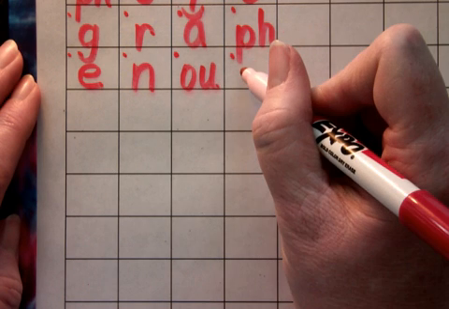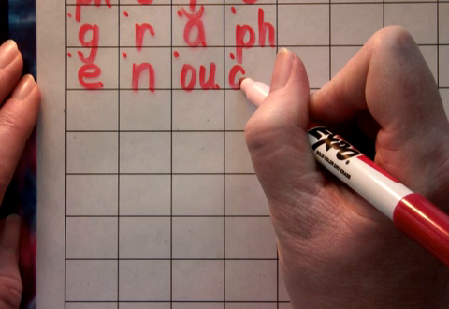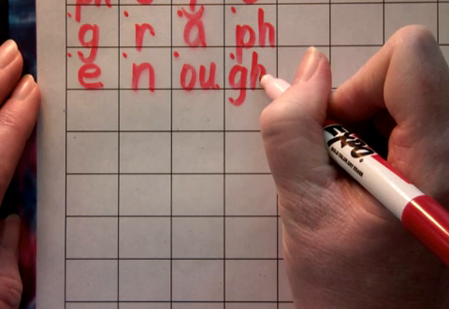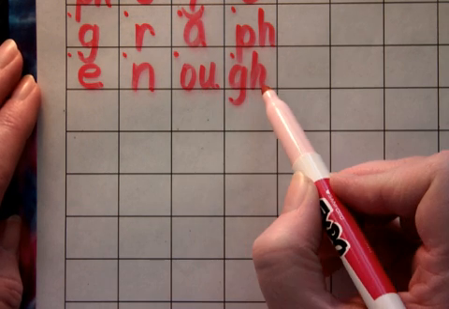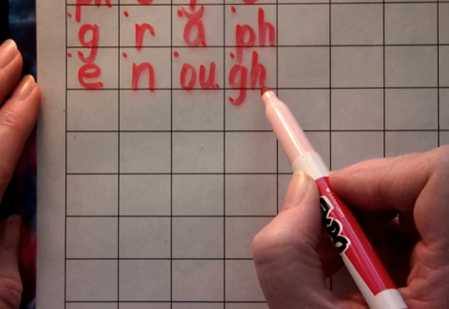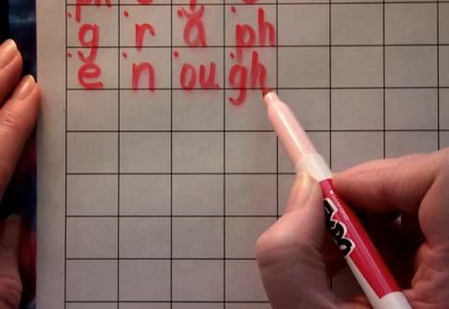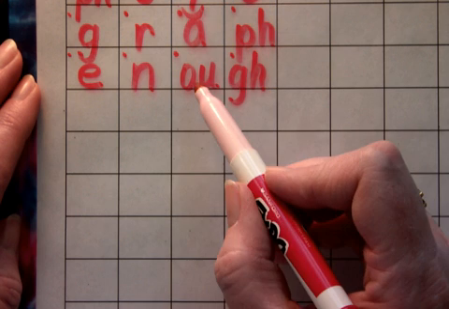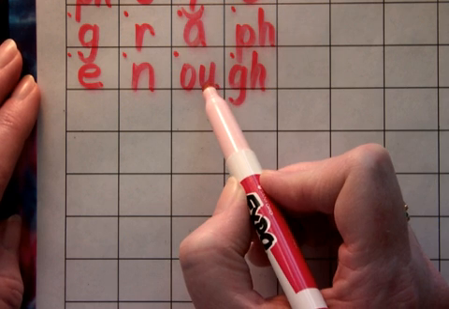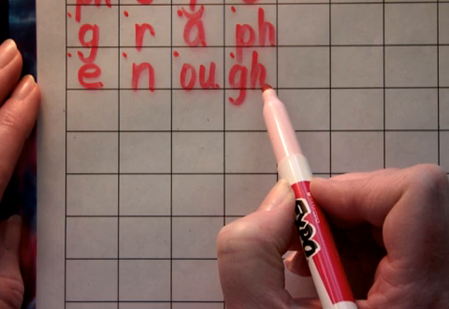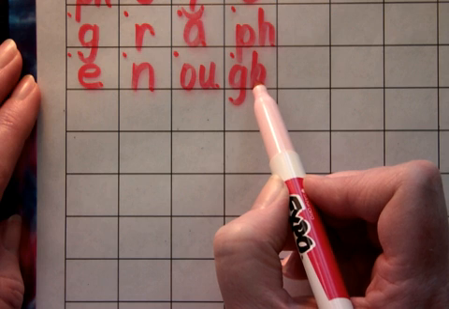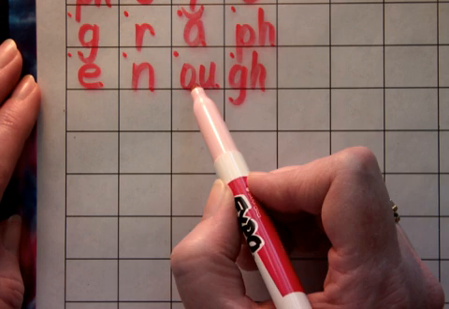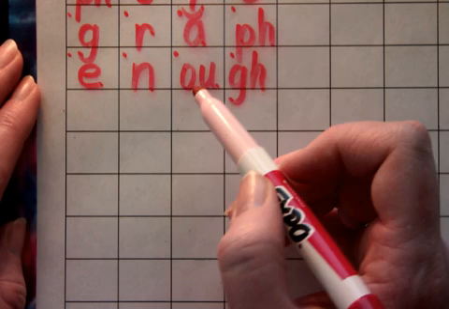And F is spelled with a G, H. Now there's some words that have O-U-G-H that is pronounced O or even A. In this word we've got O-U saying a sound and G-H is pronounced as F. That's why the G-H has its own box, because it's representing the F. And O-U is in its own box.